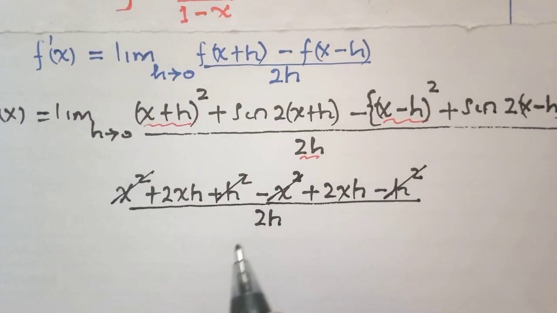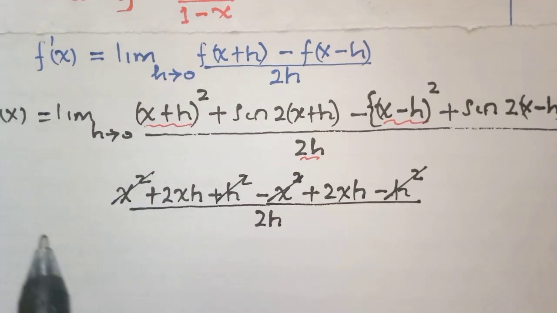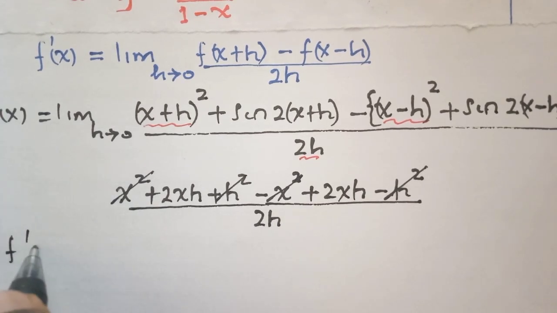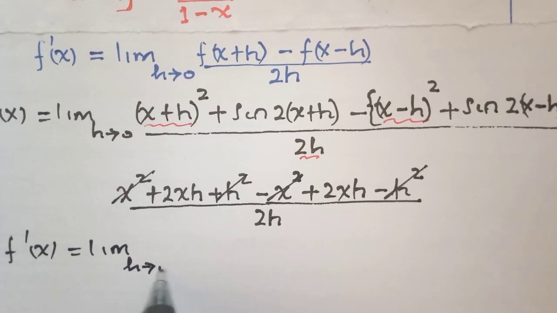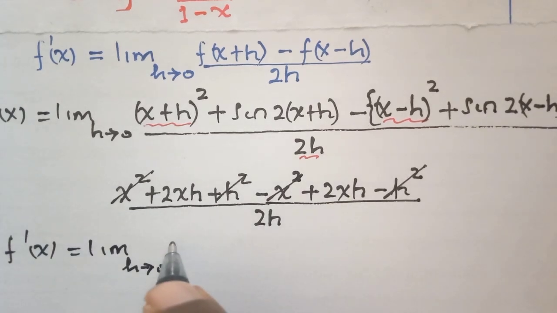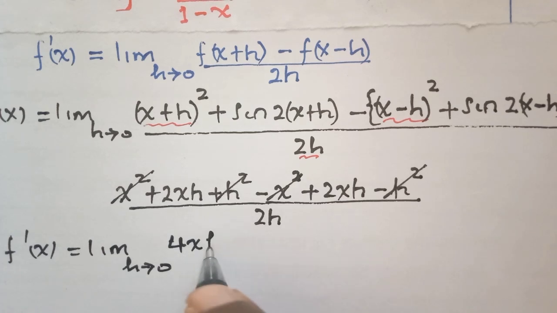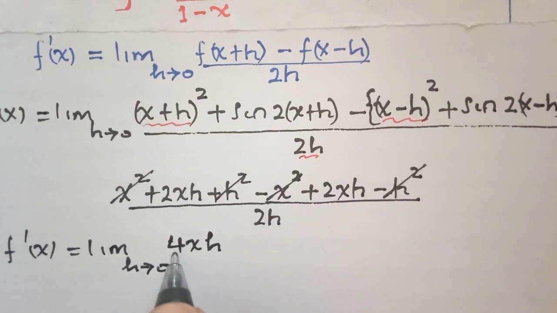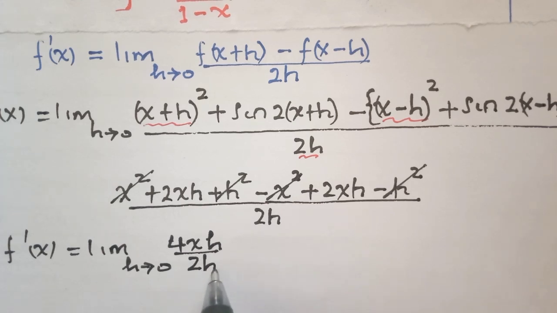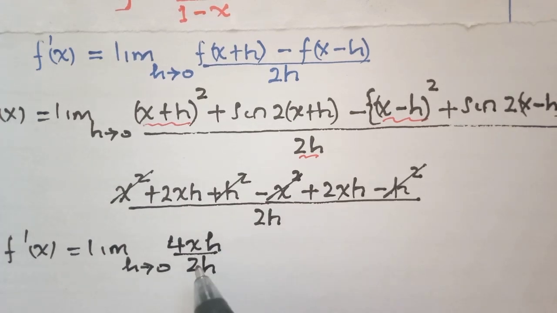And then, guys, we are left with f prime of x equals limit as h tends to 0, we are left with 2xh plus 2xh is 4xh, all over 2h. Guys, you can see now we are able to cancel our h.